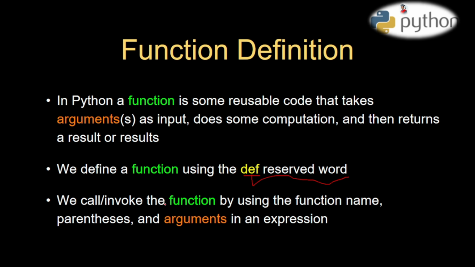We call or invoke the function by using the function name, parentheses and a list of arguments if there are any. Without arguments you can use empty parentheses. This is how we call the function.